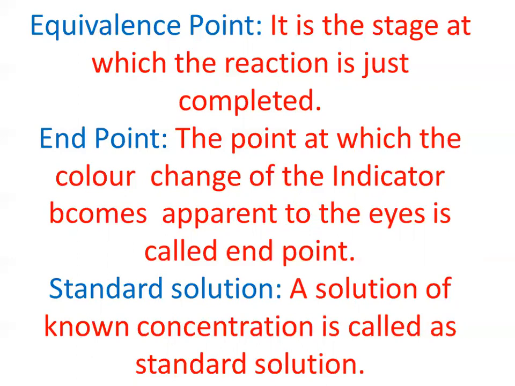If one colored solution is there, then the color decolorizes or changes. So whether it is an internal or external indicator, in both cases the color change is observed, and that is called endpoint. So here there are 2 points, equivalence point and endpoint.